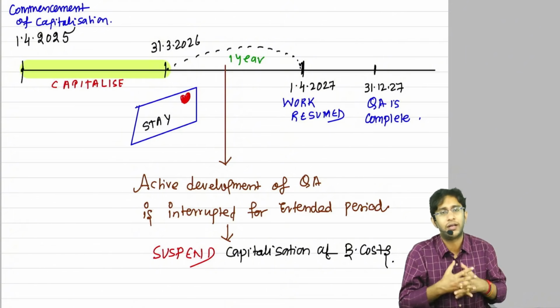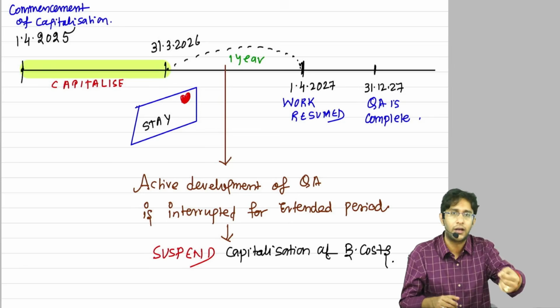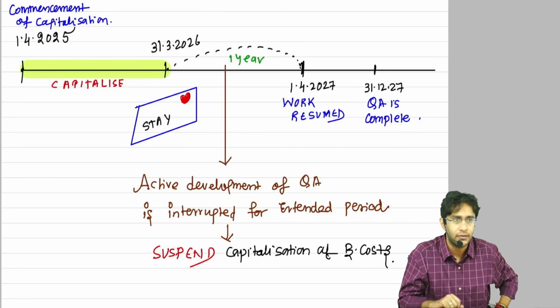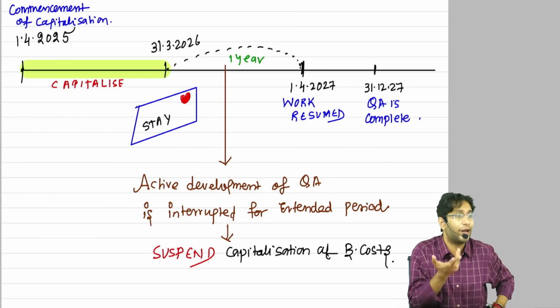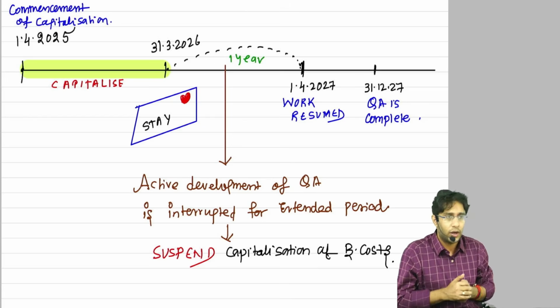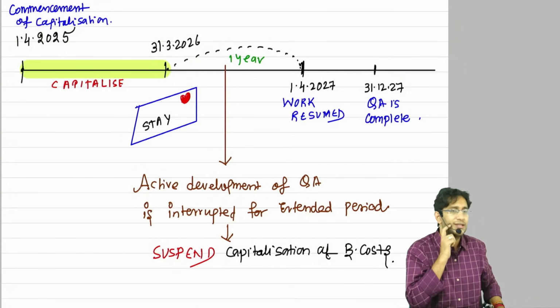Sir, why should I not capitalize? Arey, sir, if you capitalize, what will happen? The next 1 year's borrowing cost also will be added to the cost of the asset. Is there a change in the asset? No, the work on the asset is stopped. When work is stopped, how can you say that the asset value is increasing? Work is not happening. How can you add borrowing cost to the cost of the asset? Throw it off into the P&L account. Is it a loss? Sir, why is it a loss?